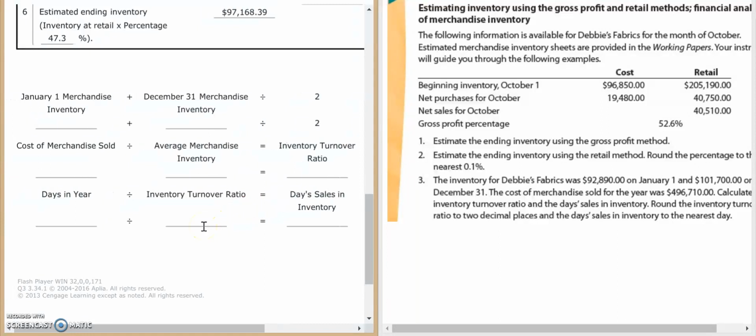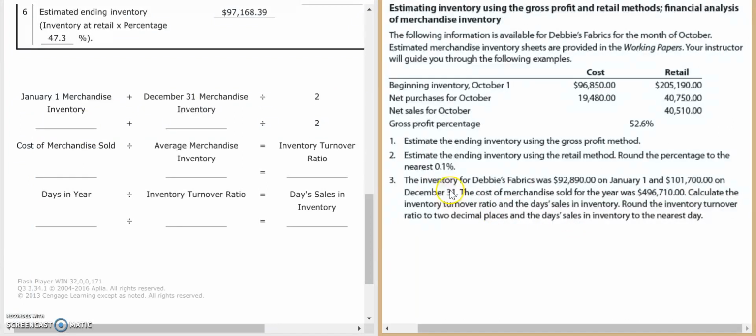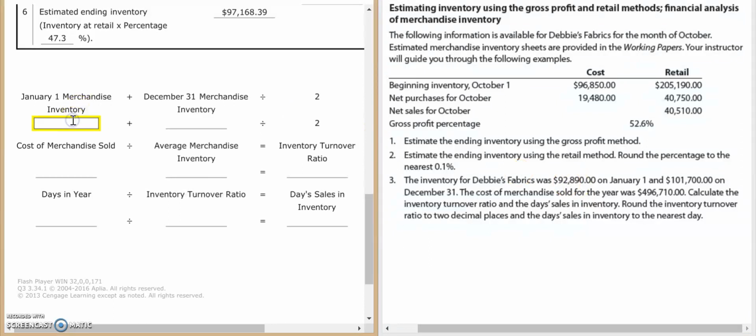With our inventory turnover ratio, we're taking our January 1st inventory, which, oh, here's our information. I'm not finding these numbers. Okay, right over here, they give us the inventory for Debbie's Fabrics was $92,890 on January 1st. So we'll plug that in here, $92,890. And our ending inventory was $101,700.